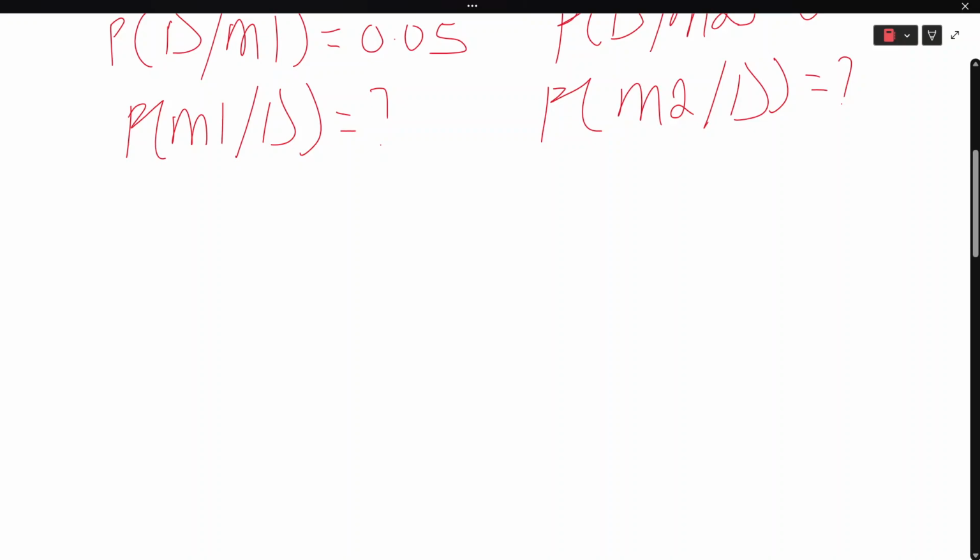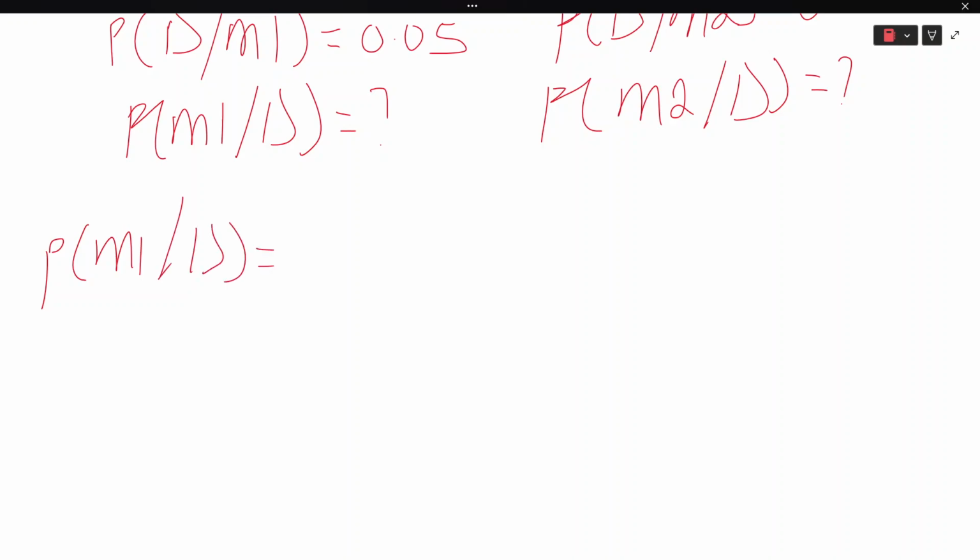Probability of machine 1 given defective. We reverse it, the Bayes rule.